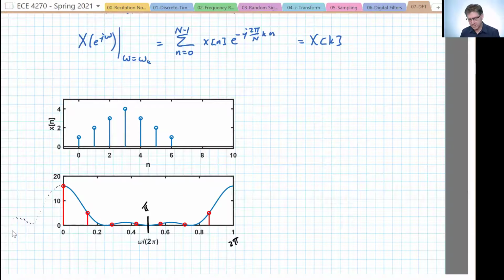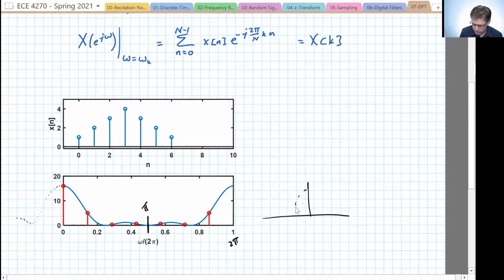And since the DTFT is periodic and the DFT is defined from 0 to N minus 1, it's more common to see it in this format than the one that we've typically been showing, which shows the positive and negative frequencies, like so. Okay, so here we go.